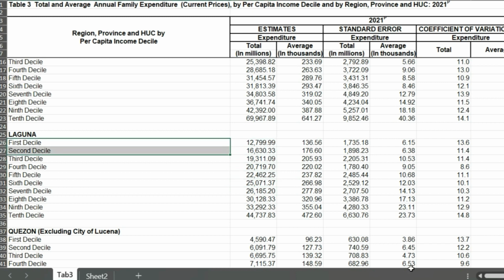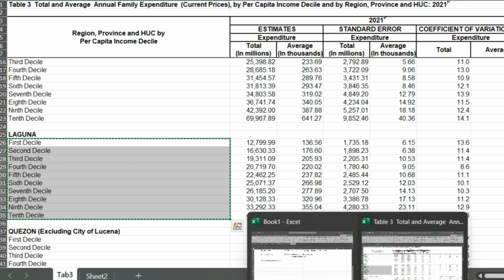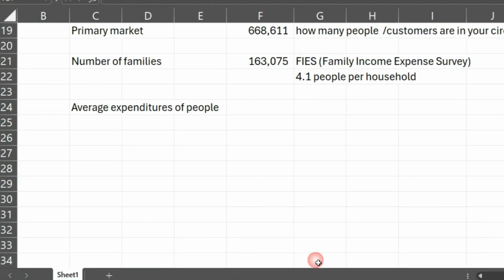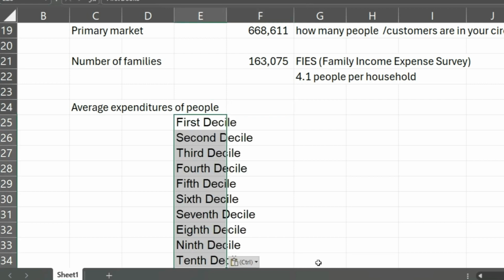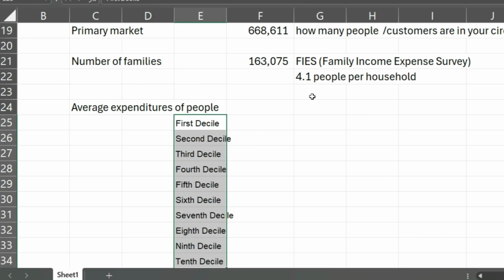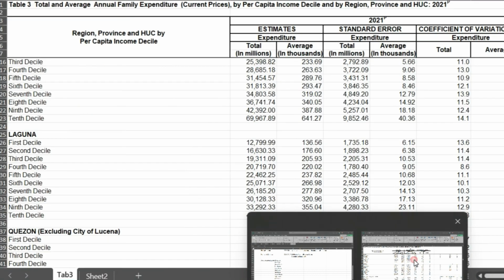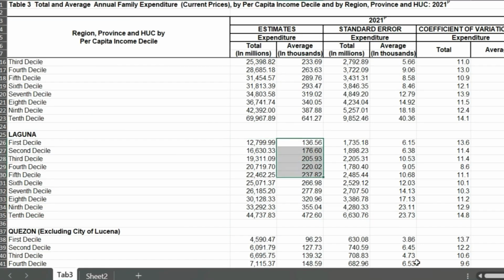So we have to get, okay, copy this first, the first deciles and all that. Okay, let's just copy that here. And then copy the actual amount.